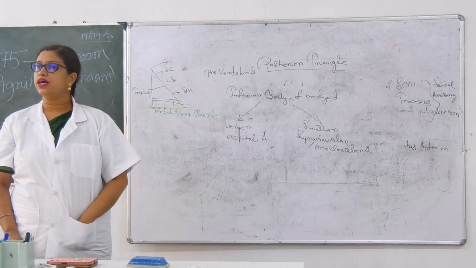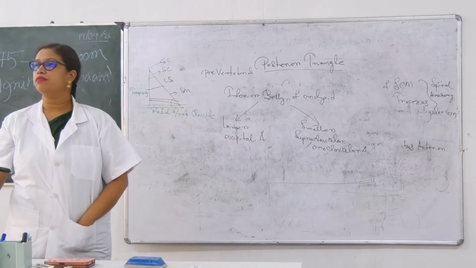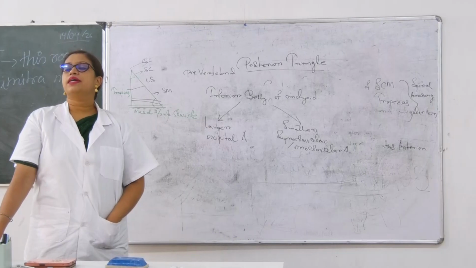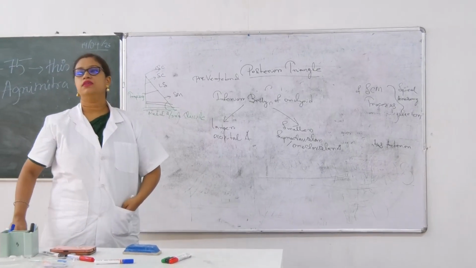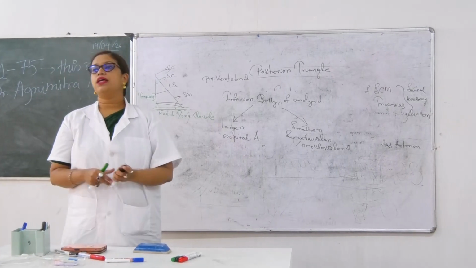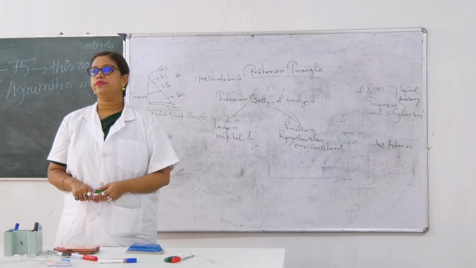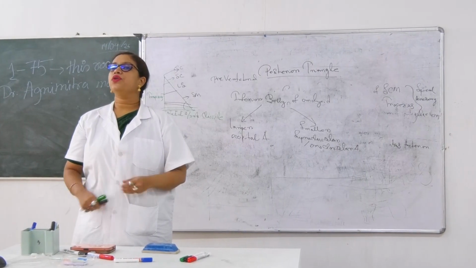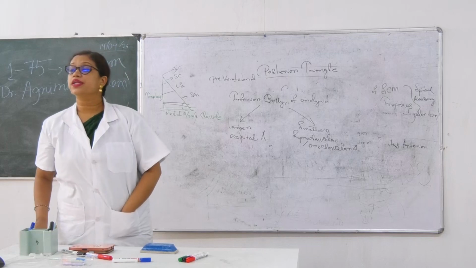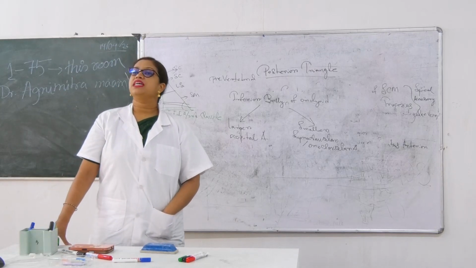No, only three nerves. Okay, write it down: three nerves, lesser occipital, great auricular and also the transverse cervical nerve. Okay, additionally you will get the occipital lymph nodes.